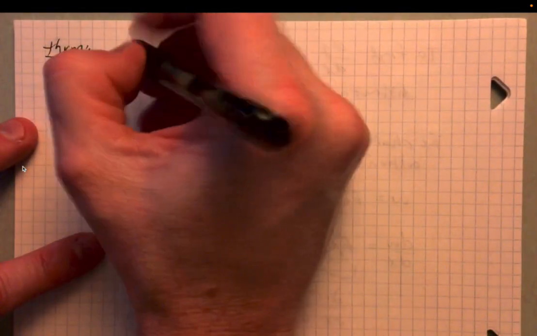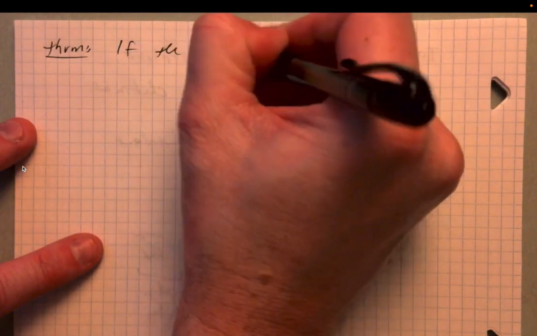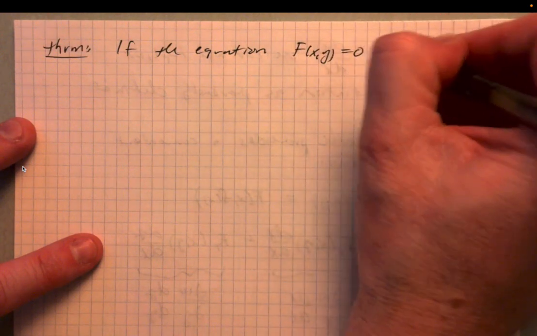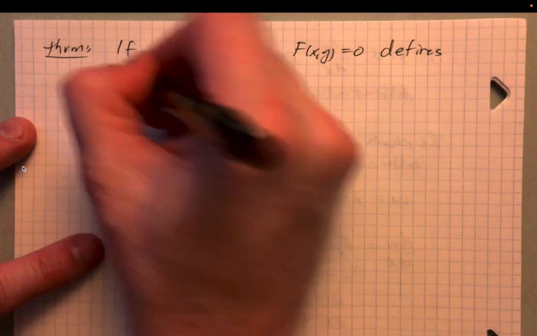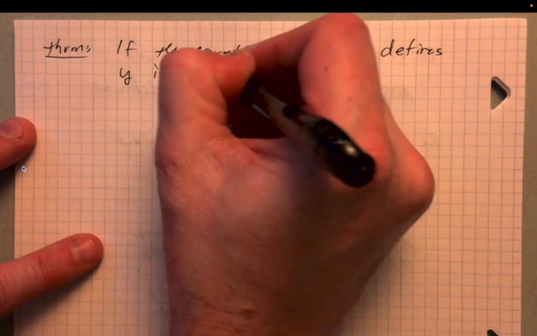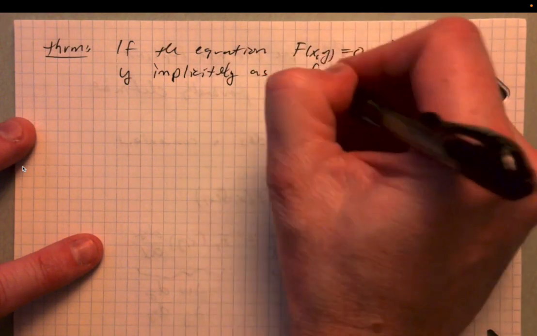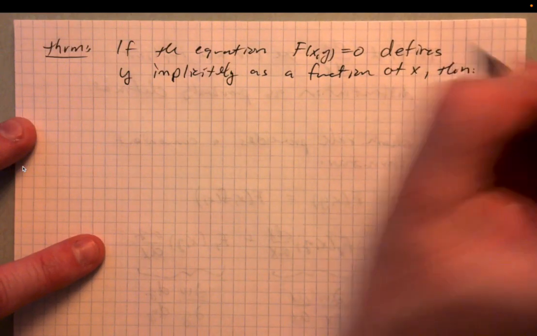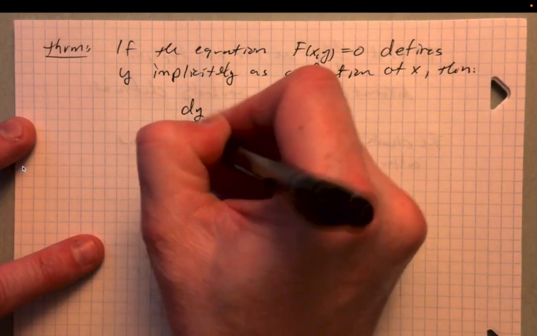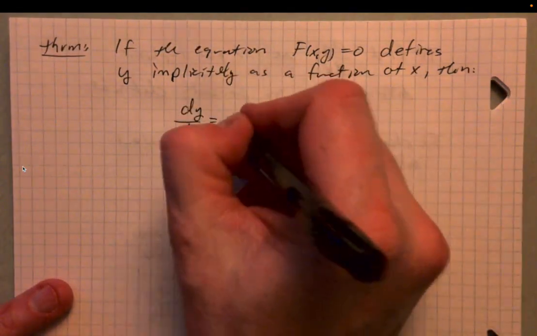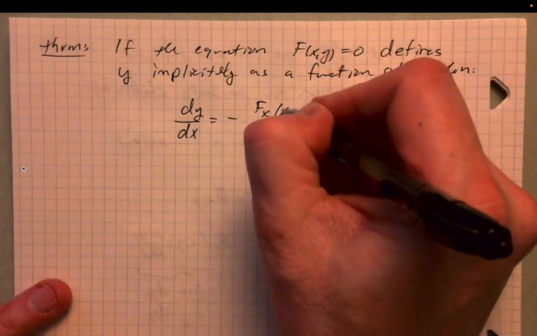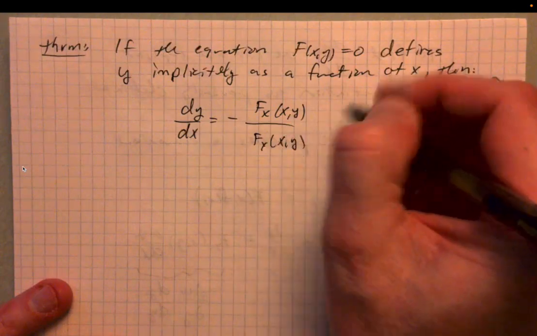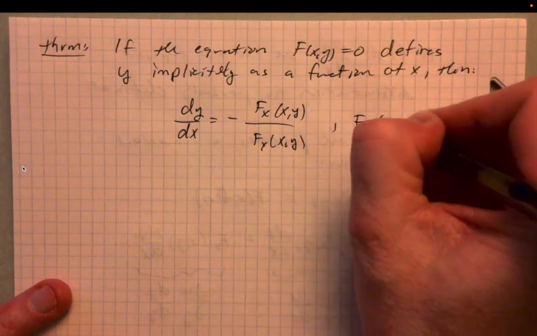So if the equation f of (x, y) equals 0 defines y implicitly as a function of x, then the derivative of y with respect to x is equal to negative the partial with respect to x divided by the partial with respect to y, assuming that the partial with respect to y is non-zero.